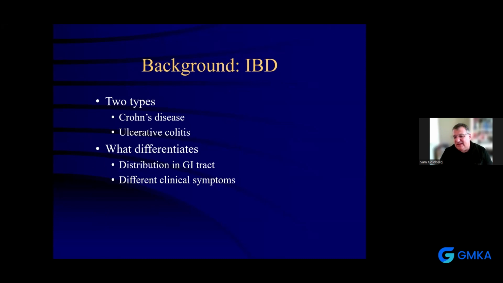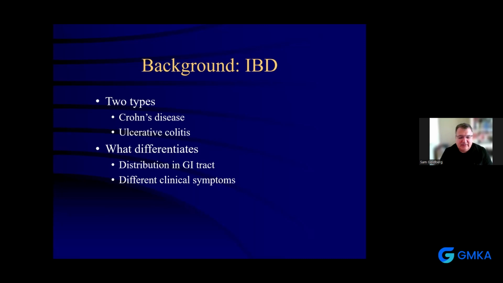In ulcerative colitis, the clinical definition is it starts in the rectum. It's a continuous uniform spread of the disease from the rectum all the way to the cecum, but it is continuous. There are not skip areas, whereas Crohn's disease infects the entire GI tract from the lips to the anus, and there are skip areas.